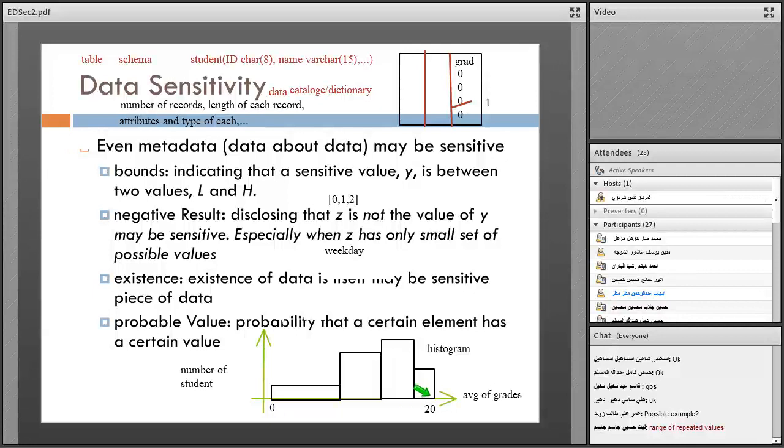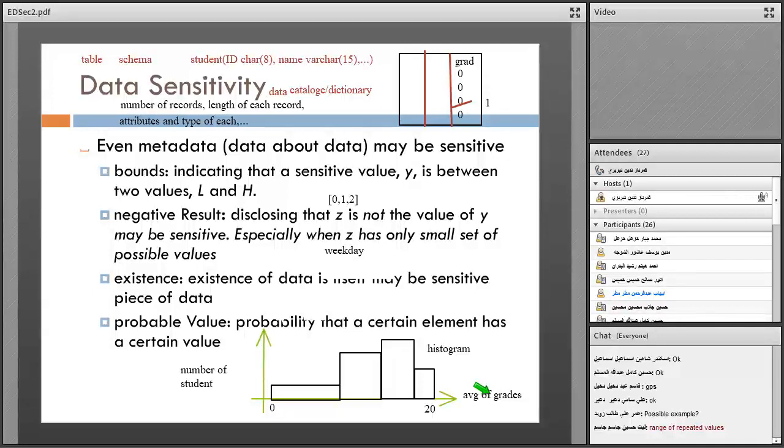And there is a little chance, for example, 15% that your final average will be between 19 and 20. Maybe someone can use this information to find some data about your grades and average grade.